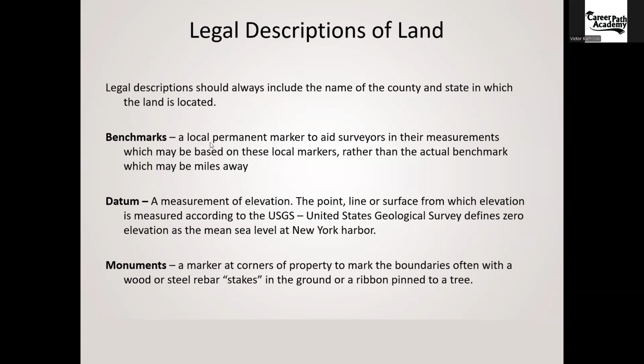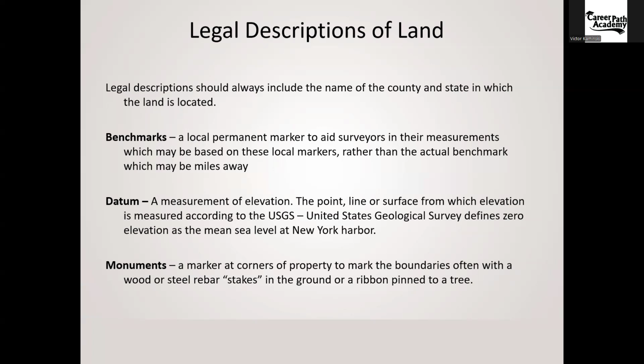Benchmarks. A local permanent marker to aid surveyors in the measurements, which may be based on these local markers rather than an actual benchmark, which may be miles away. By the way, these terms benchmark, datum, and monument, I'm just bringing them up early. They're mentioned a little bit later in the chapter.